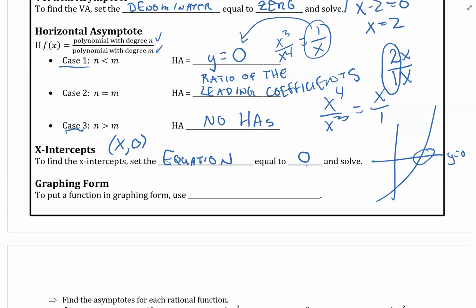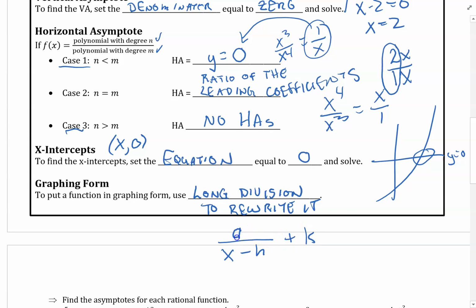Graphing form. To put a function into graphing form, we're going to use long division to rewrite it. And remember, in yesterday's notes, we went over the fact that the form that we want to end up with is 1 over x minus h plus k.